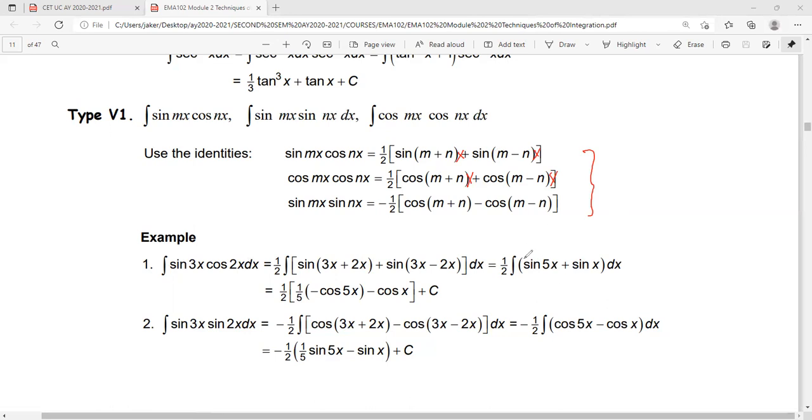You only place 5 in the dx because the derivative of your theta here or your u is 5 dx. So you will have to multiply your 1/2 here by 1/5. So you have 1/5. Integral of the sine is negative cosine 5x. This one is standalone. So the integral of that is negative cosine. This is your 1/2 multiplier.